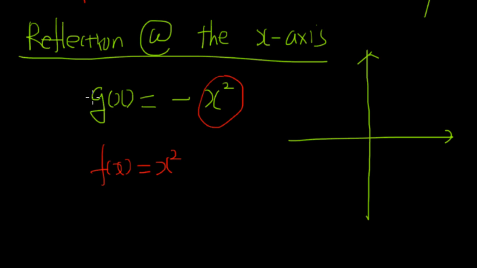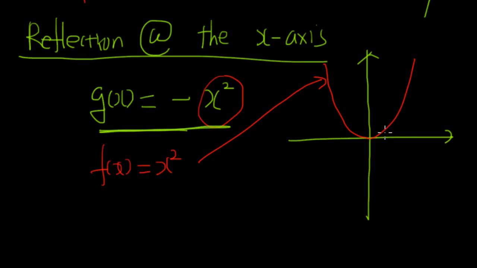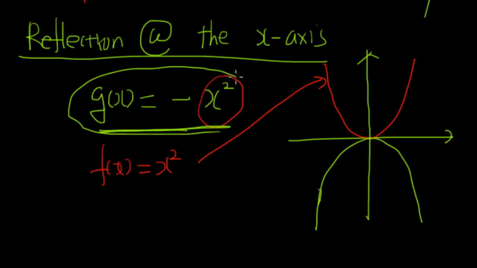So let's say the original f of x is a U-shaped curve like this. The new g of x is going to look like this. So g of x is this.